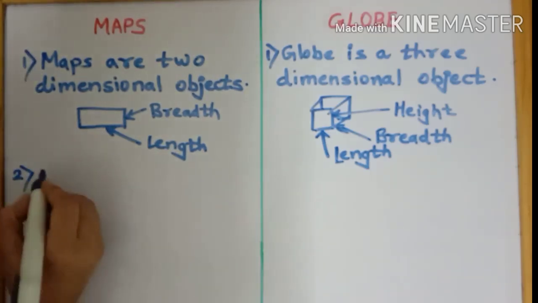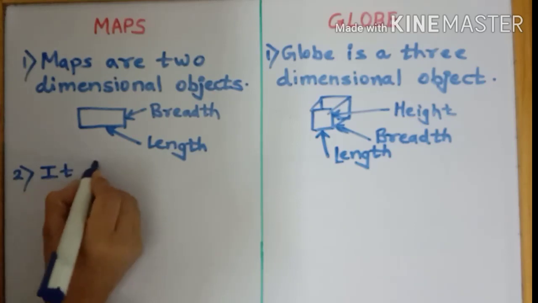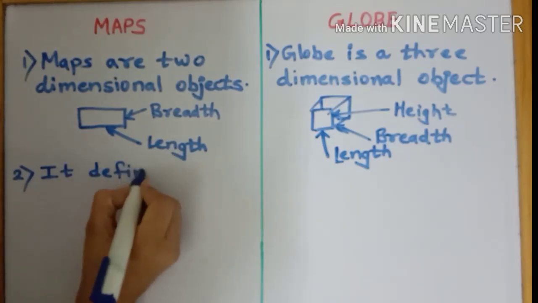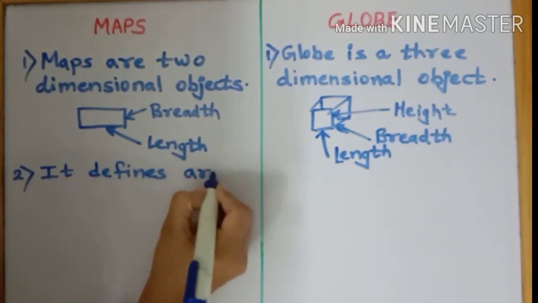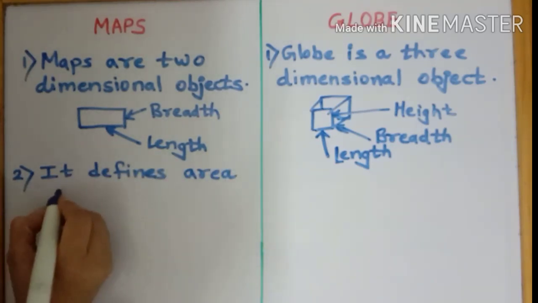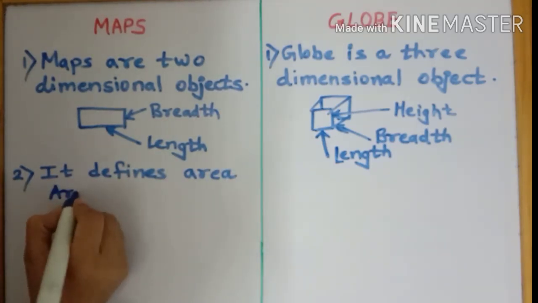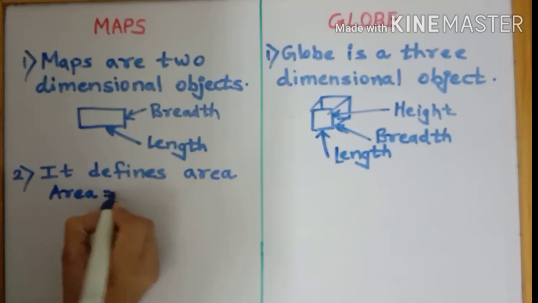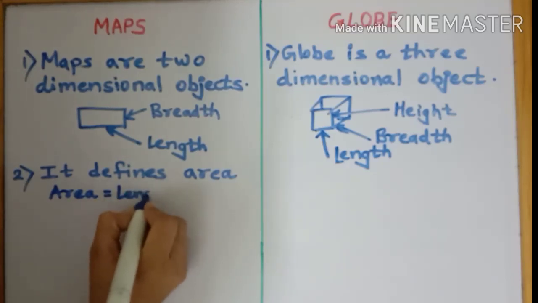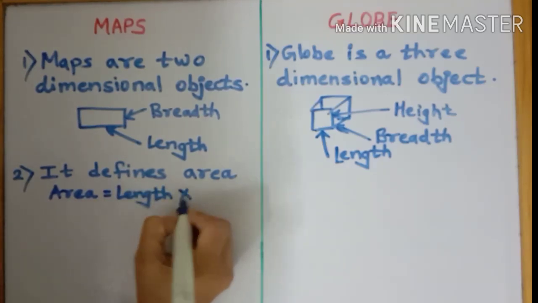Now let's see the second point here. It defines area. For example, here let's see the formula. Area equals length into breadth.